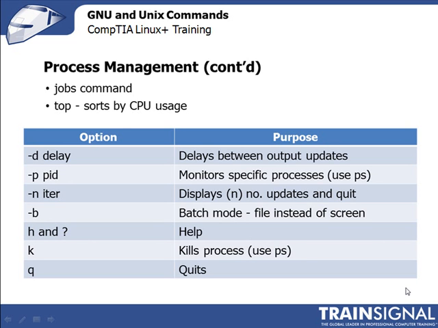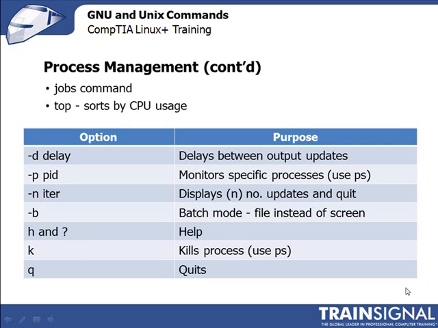You run it by typing top at the command prompt, and yes, it takes its own options. -d delay is the delay between the output updates. -p PID monitors specific processes. -n iter displays the number of updates indicated by n and then quits. -b is for batch mode, which says to use the file instead of a screen.